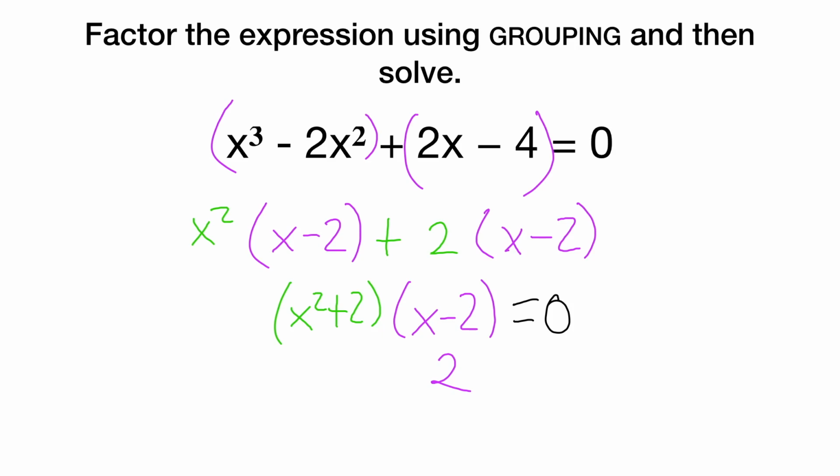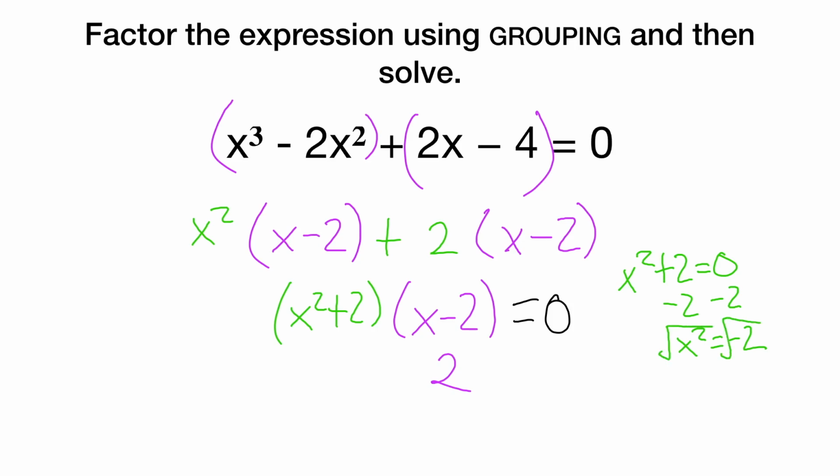And while the rule ends up actually being very similar, we haven't really learned it yet. So I'm going to show you how this one works, and then we'll talk about how we can just use that in the future. So I would normally just say x squared plus 2 equals 0 because I'm trying to find my zeros. So my first step would always be subtracting 2 from both sides, which means x squared would equal negative 2. And if I wanted to get x by itself, I would have to square root.